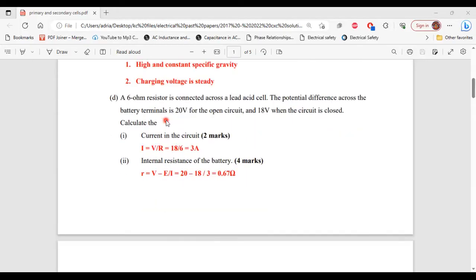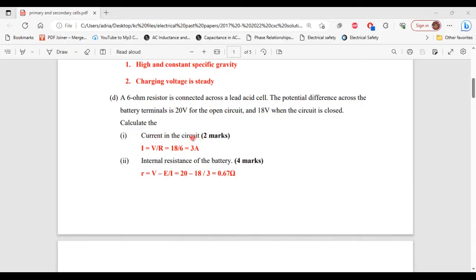Part D now, it says a 6 ohm resistor is connected across a lead acid cell. The potential difference across the battery terminals is 20 volt for open circuit and 18 volt when the circuit is closed. Calculate the current in the circuit.